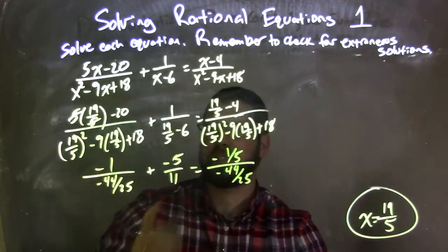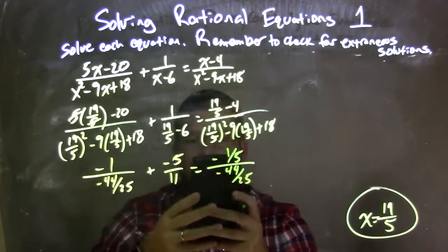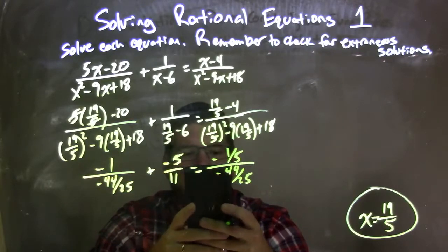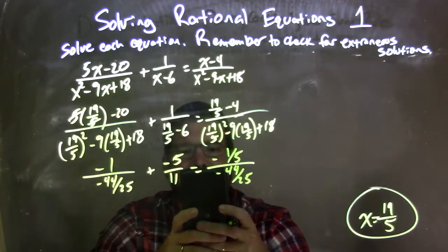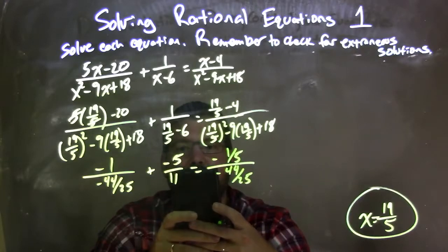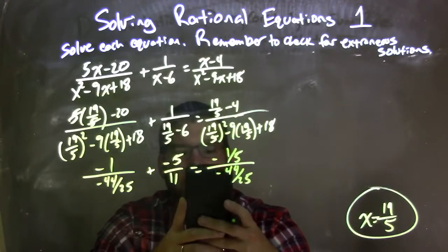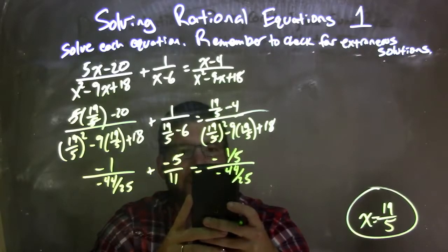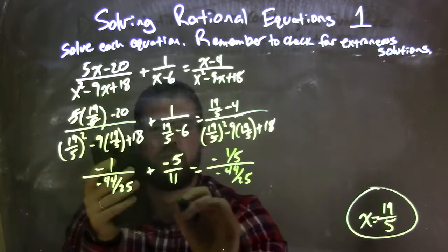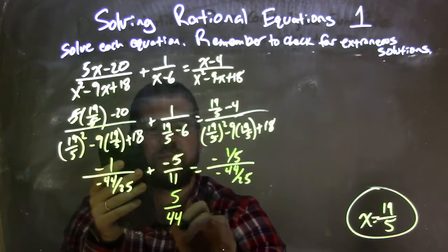So let's see if we can simplify this. What's this one plus this one? The negatives cancel out, so it's positive. So we have 1 divided by 44 divided by 25, which is going to be 25 over 44. Fantastic. Plus negative 5 divided by 11. Simplifying this, I get a fraction here of 5 over 44.